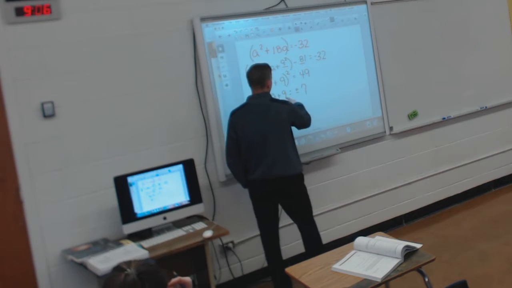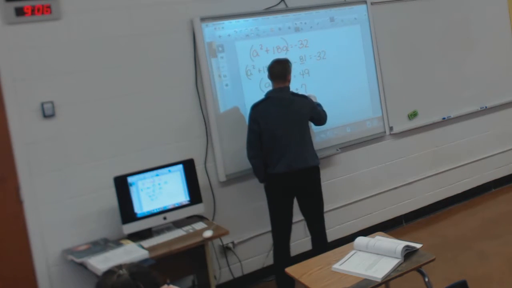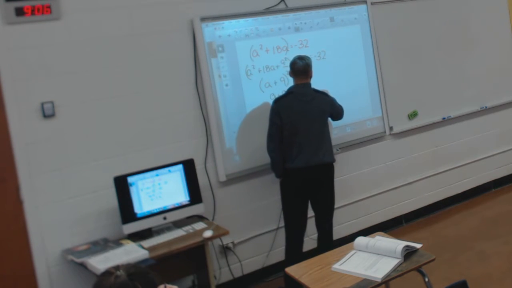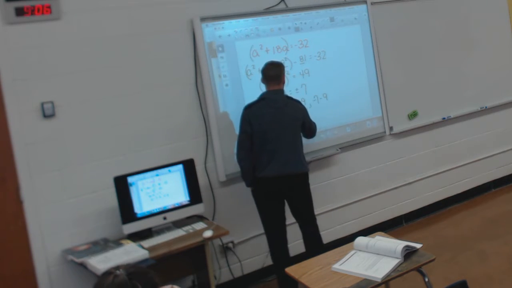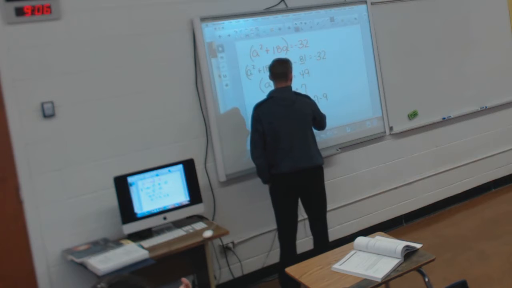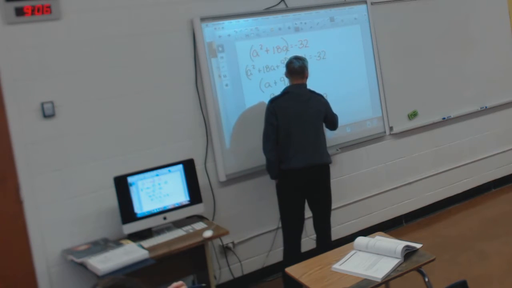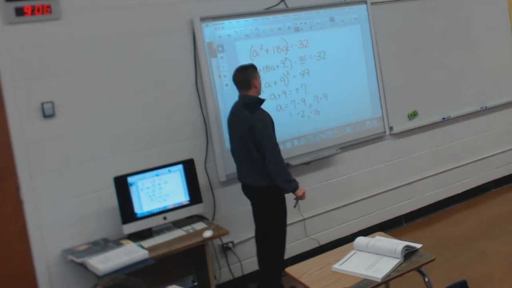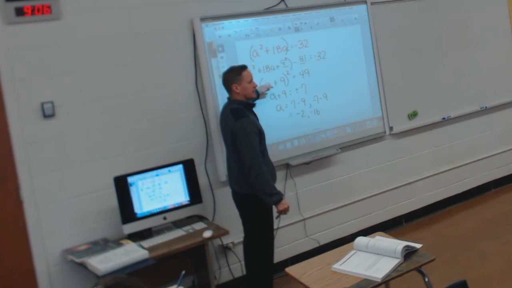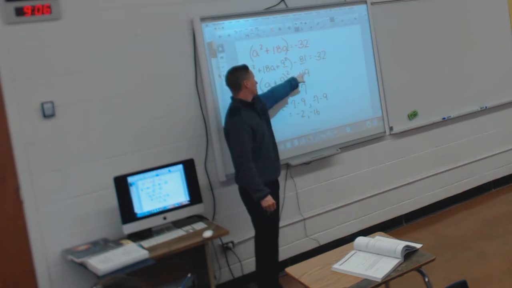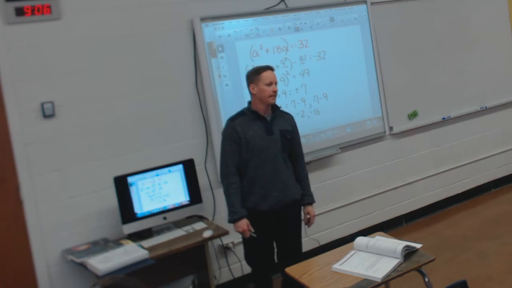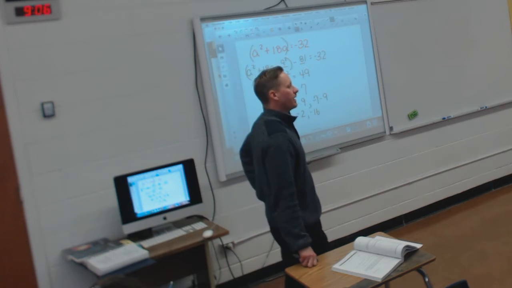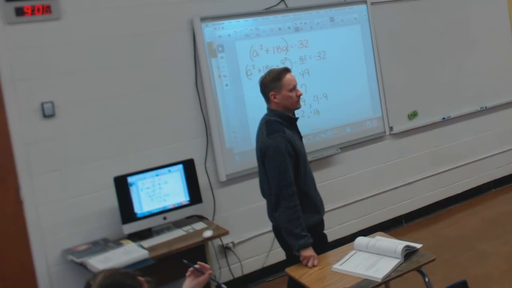A is equal to 7 subtract 9, negative 7 subtract 9. A equals... So this is what we just did today already. Square root, square root. But you have to get it to that point by completing the square first.